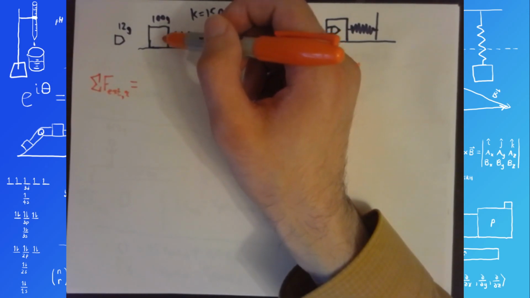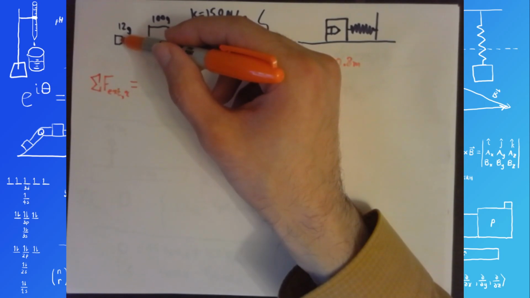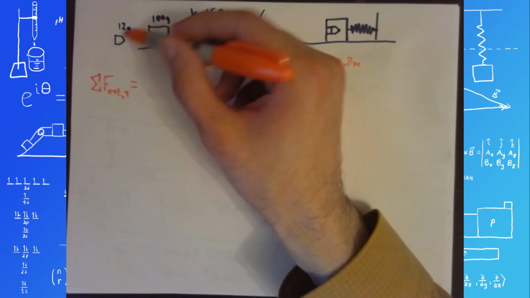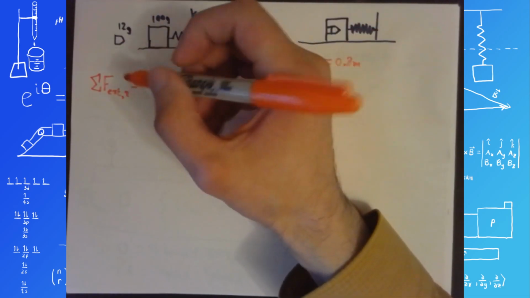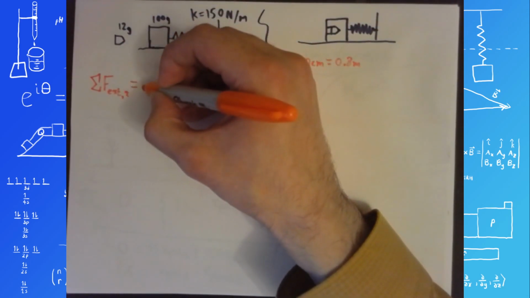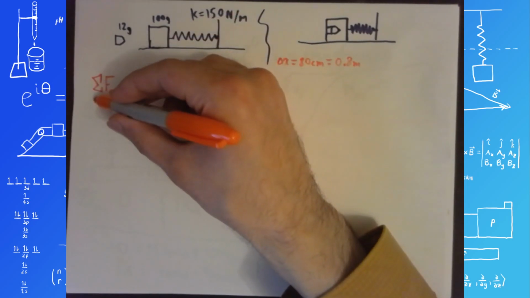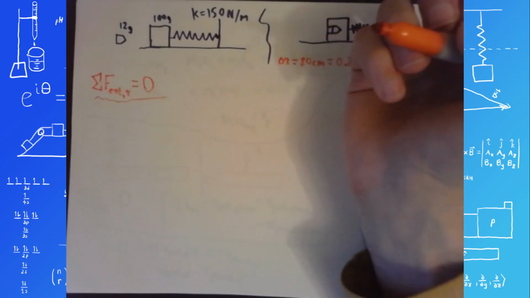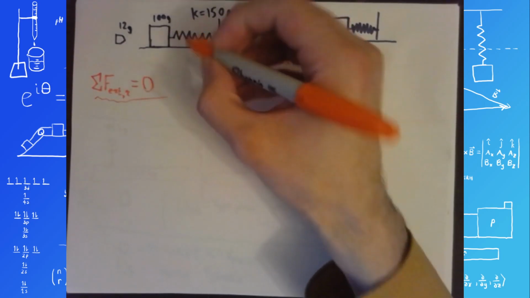The only horizontal forces during the collision would be the force that the bullet applies on the block and the reaction that the block applies back on the bullet. So we're good to go because those are internal forces. So the net external force is indeed 0, at least in the x direction, which is good enough for this type of problem.